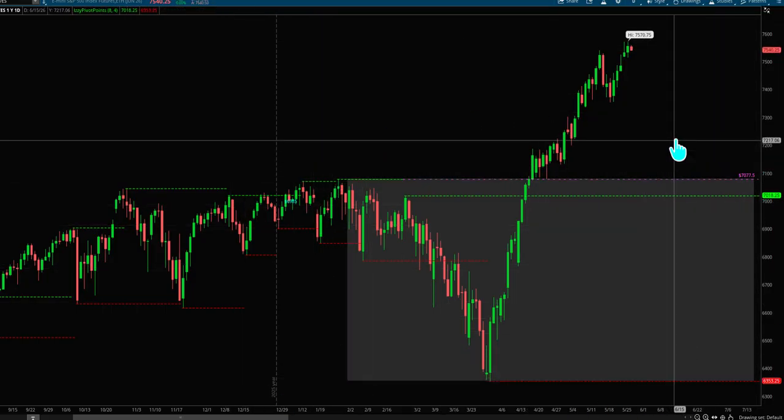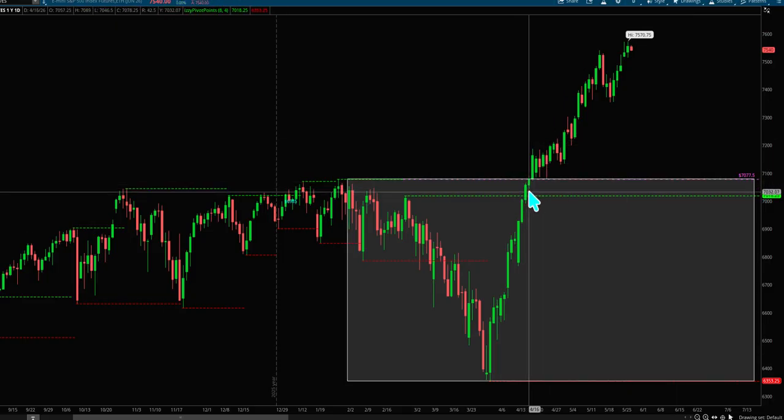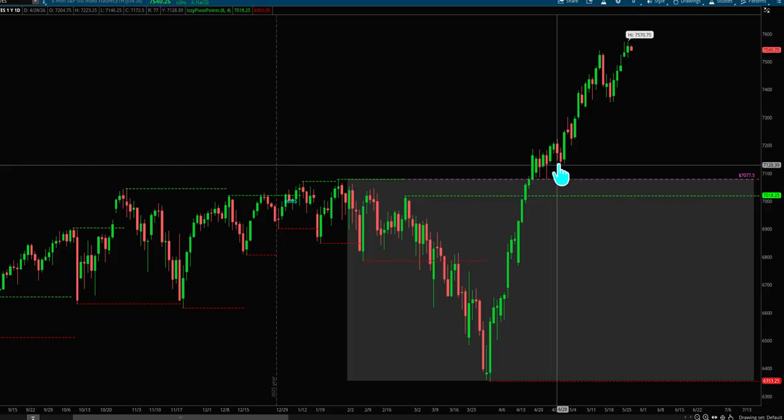We identified a huge range on the biggest time frame that we're looking at, and we also know that bulls have triggered the market out of this range, which puts the daily time frame in full breakout mode. And in full breakout mode, who does the primary trend belong to? This trend belongs to bulls.